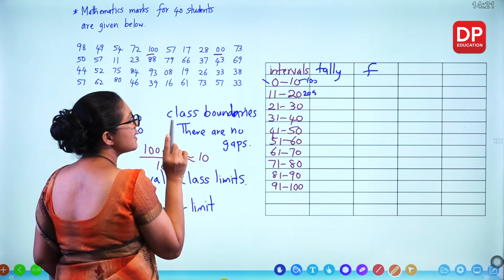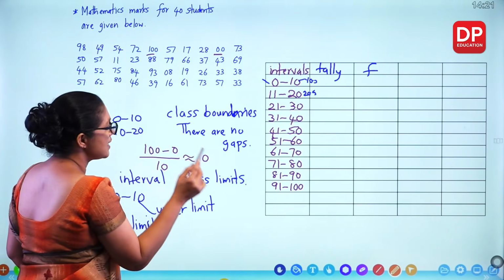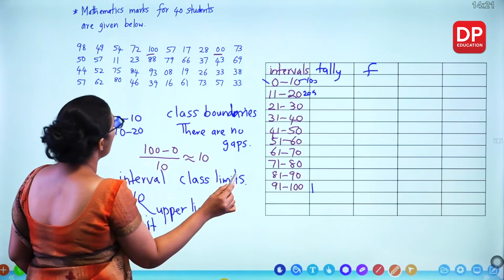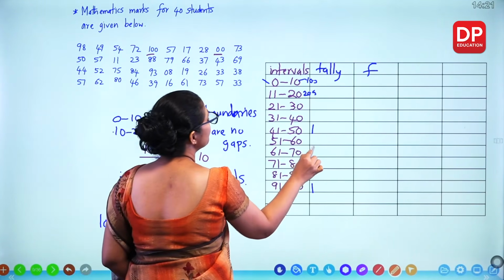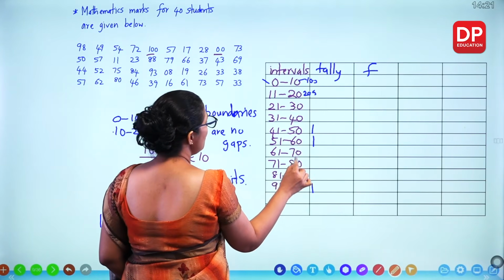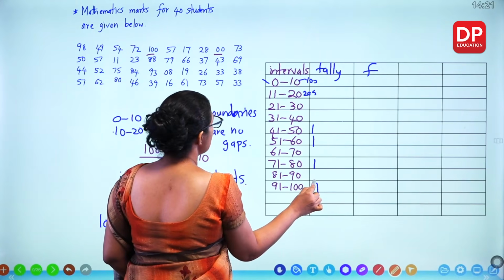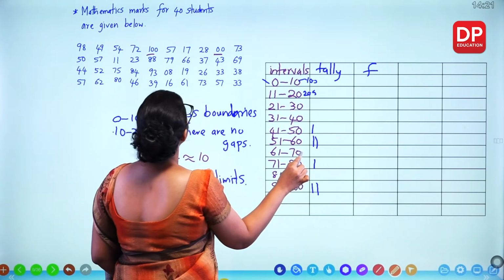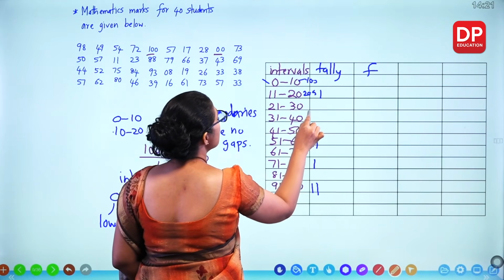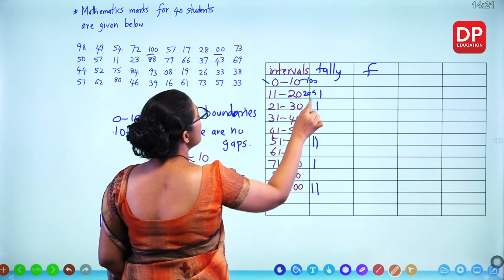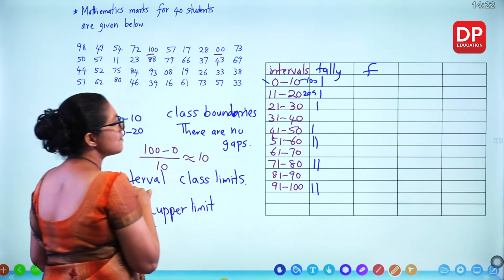So let's take the first row: 98, 49, 54, 72, 100, 57, 17, 28, 0, 73. That's the first row.